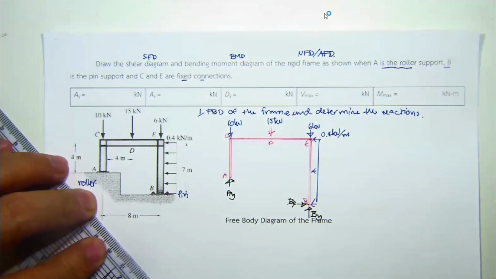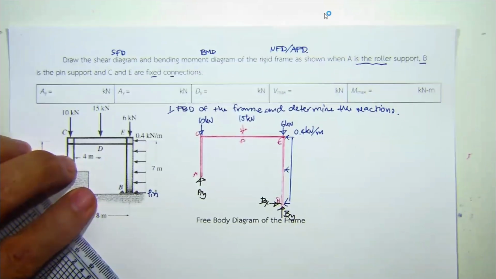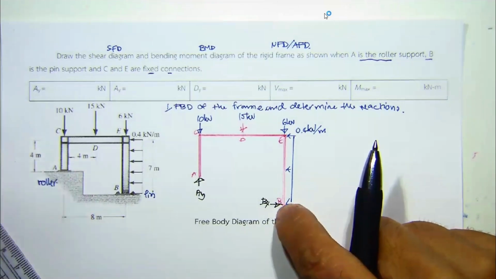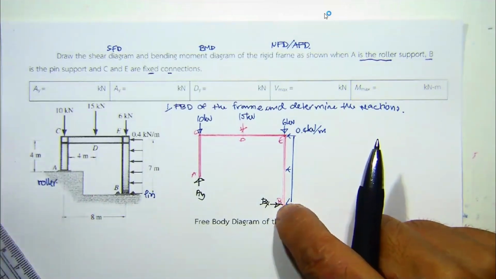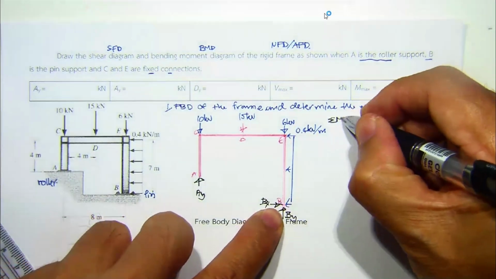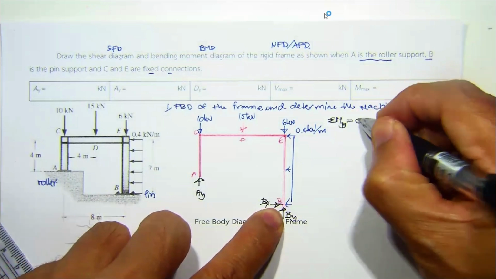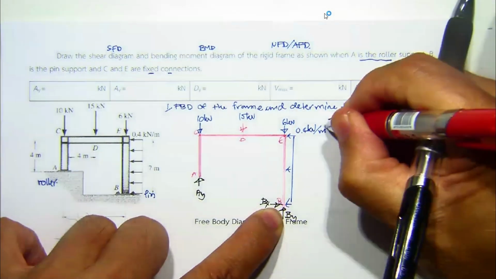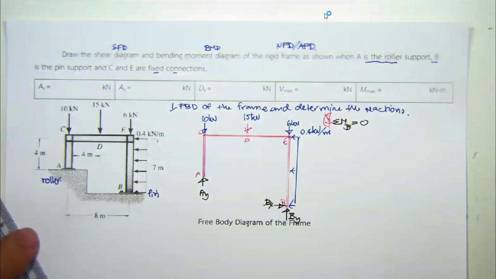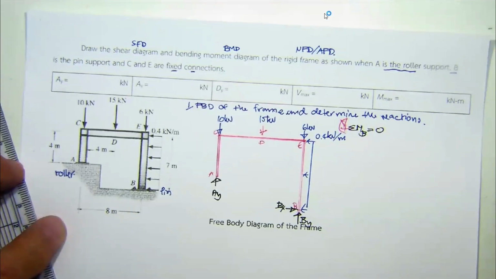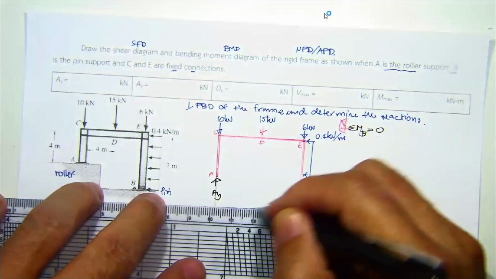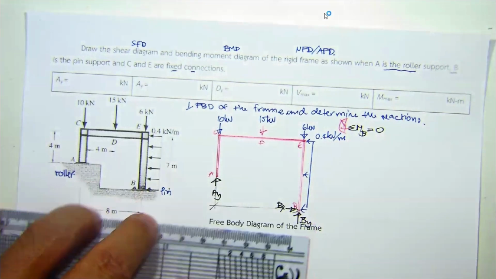Now, we will start by taking the moment equation at point B as usual, because this eliminates B sub x and B sub y from our equation. Take moment M sub B equal to 0. A sub y rotating clockwise is positive, and you have to put the moment arm, which is the reason why you need to put the lengths into the free body diagram.